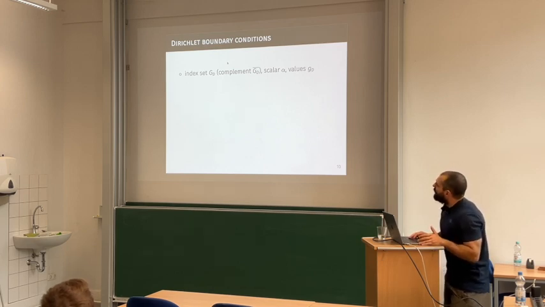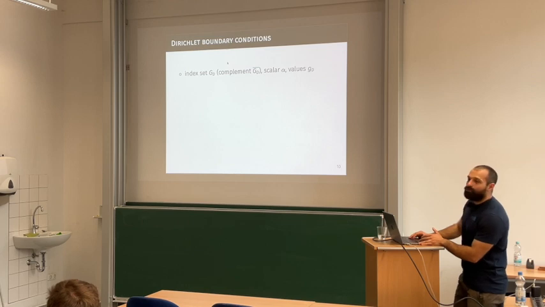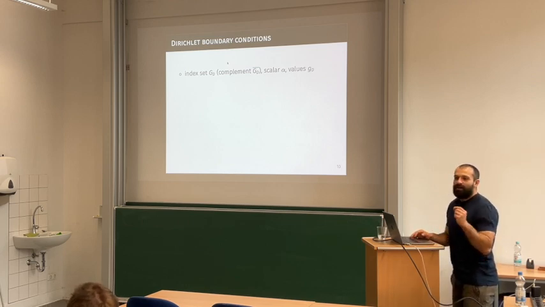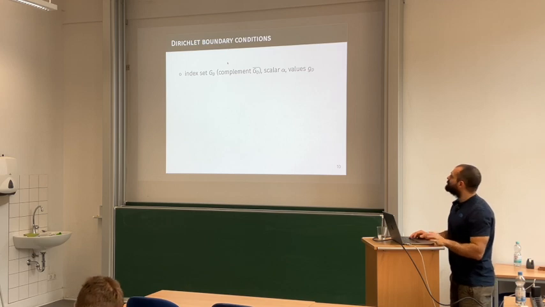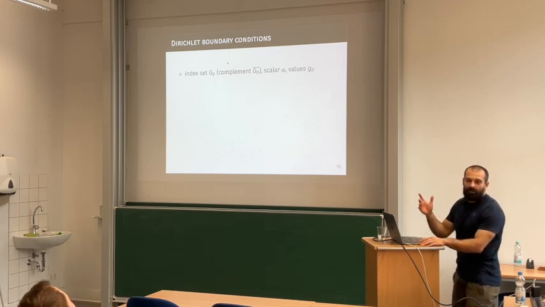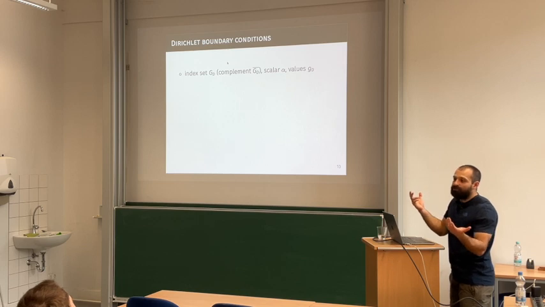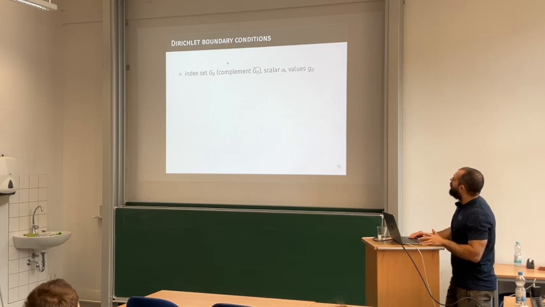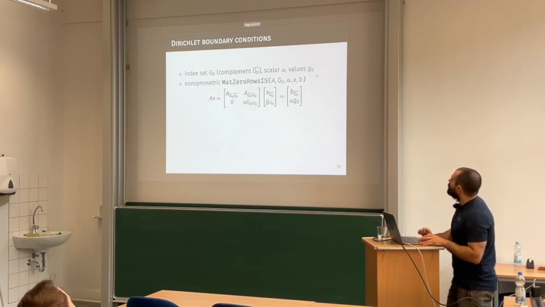Just for this slide, for clarity, I will assume that we have an index set JD, which is basically the numbering of your Dirichlet nodes. We can then complement this index set, so basically all the unknowns for which there is no Dirichlet boundary condition. And we assume that we have a scalar value alpha, and that on the Dirichlet nodes, capital JD, we want to impose a value which is lowercase jd.